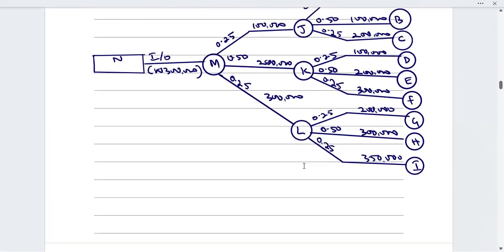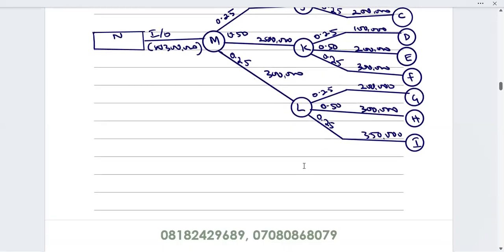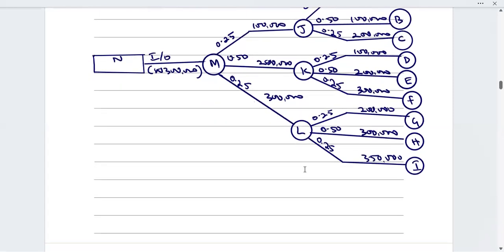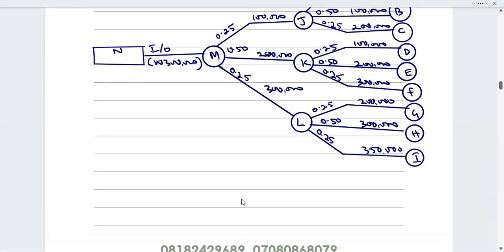That's the major work. That's why I said you should not make it your first attempt, because it will take time, especially if you have so many nodes.